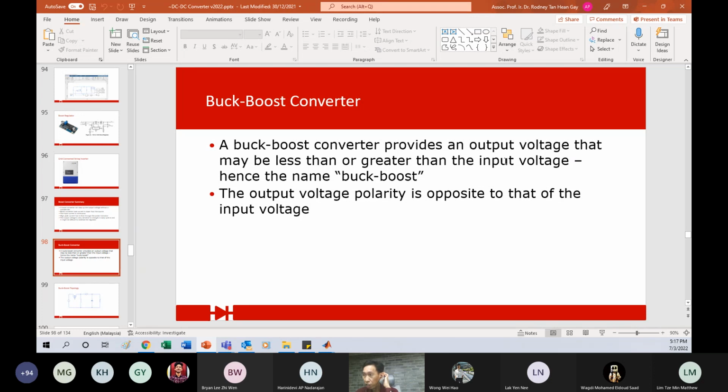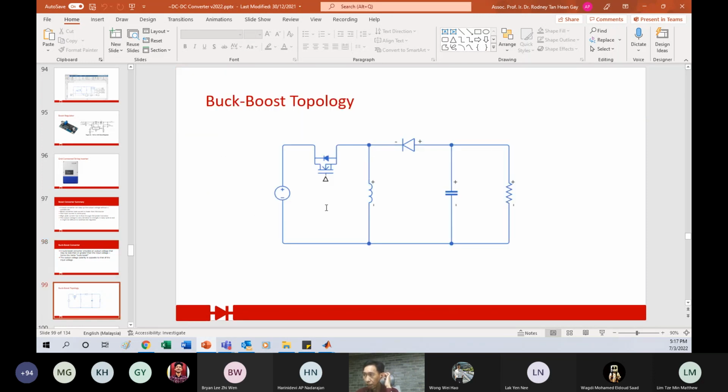Another feature is that the output polarity is opposite to the input voltage, which means the plus and minus are opposite. How this works again: you will notice that they are still the same four components. The inductor and capacitor are always there, and there is always one switching transistor and one diode.